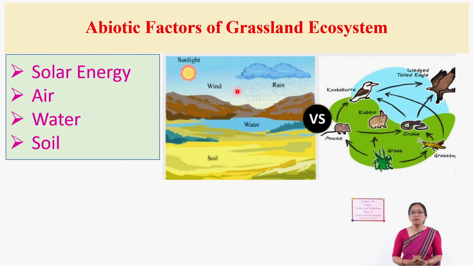There is 78% of nitrogen, nearly 21% of oxygen, nearly 0.04% of carbon dioxide and other gases are also there that form the air. From that, these plants and animals compulsorily need carbon dioxide and oxygen.